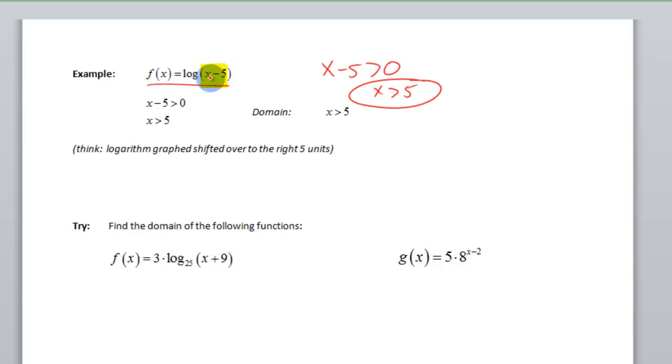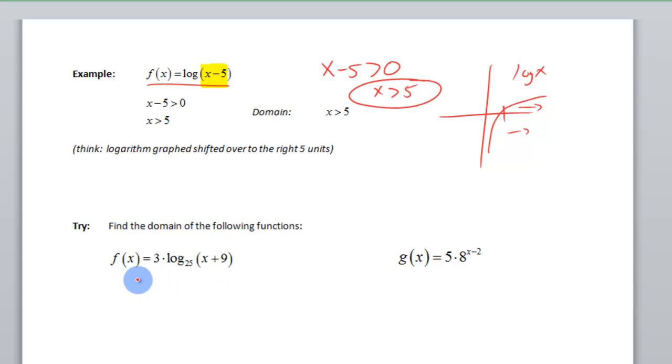Easy as that. And if you think about it, it's a log graph, base 10. It looks very similar to the other one, going through the same point, but then it's been moved to the right 5 units. So I move every point to the right 5 units, and that's what this does. Every x value greater than 5 will work in there.